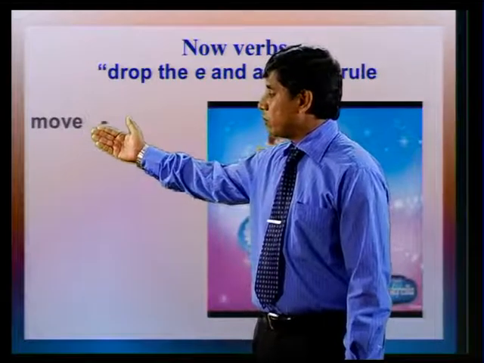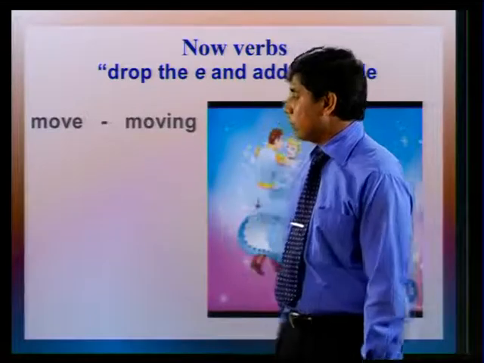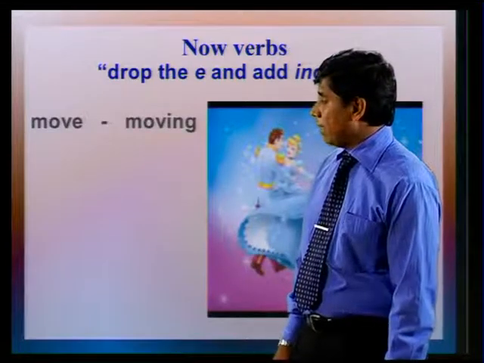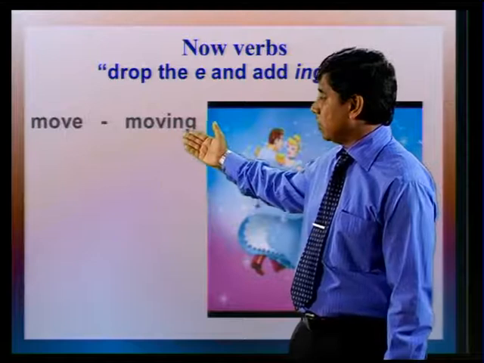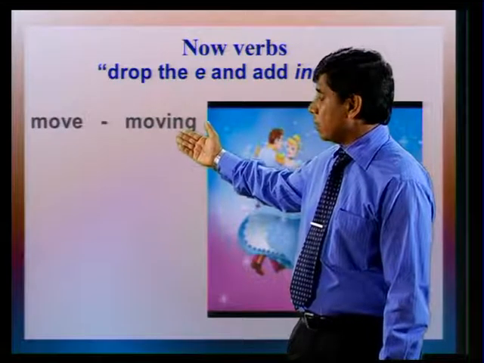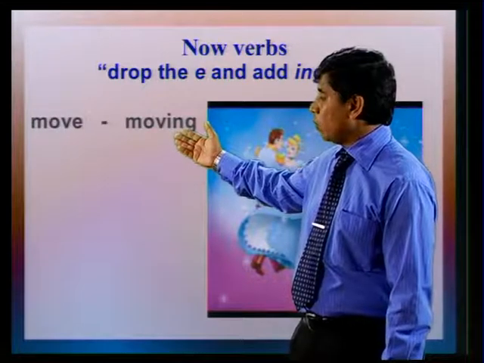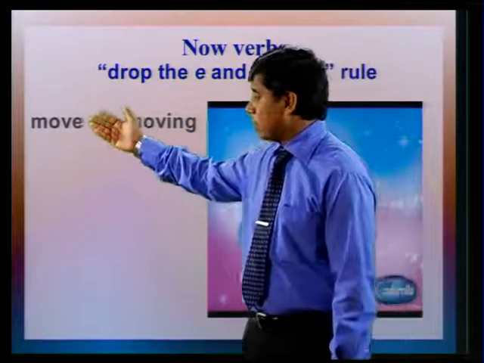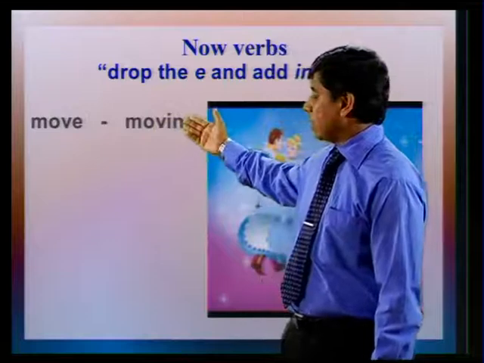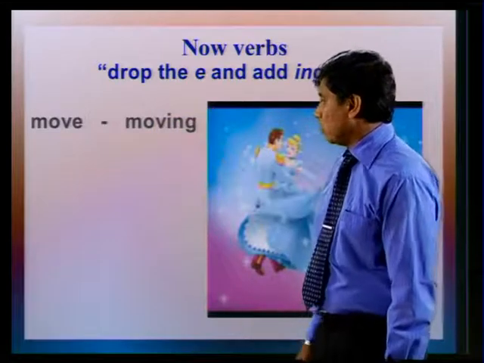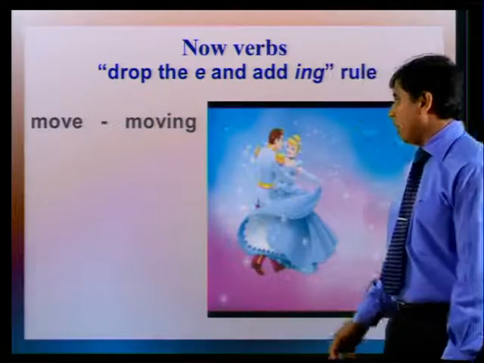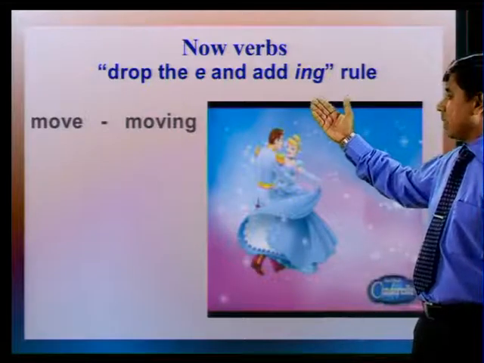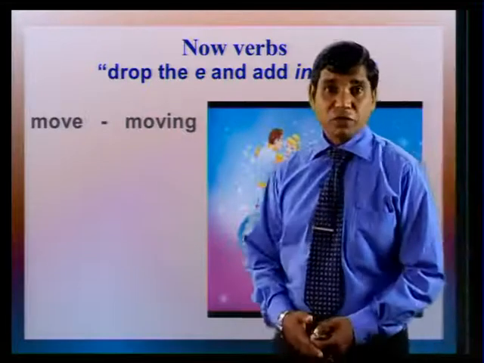So before we add ing, we have to drop E and add ing. M-O-V-E, move. But when you write moving, M-O-V, drop E here and add ing. That is the third rule. Drop the E and add ing. That is the rule. Let's try more examples.